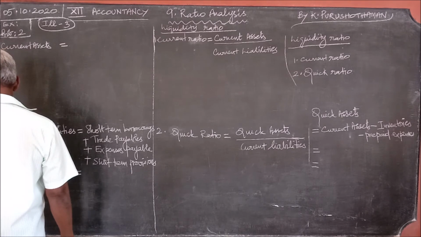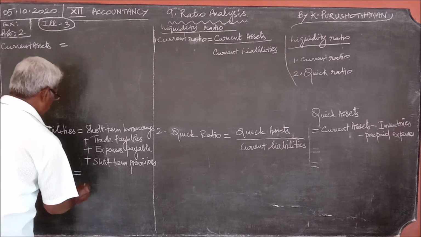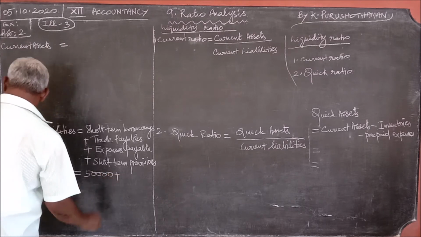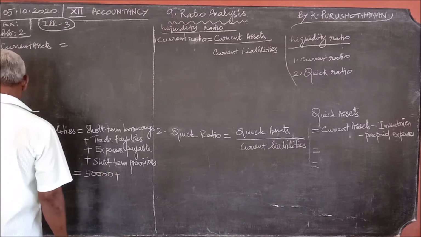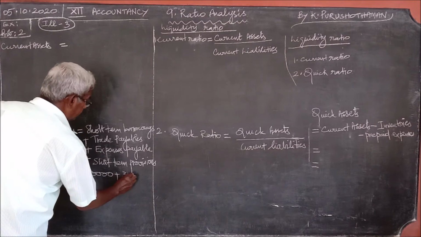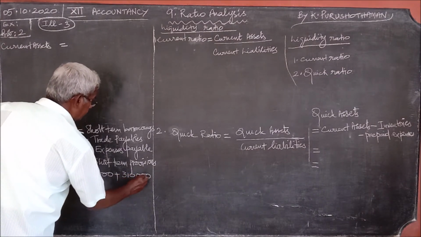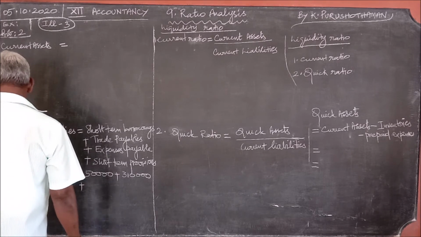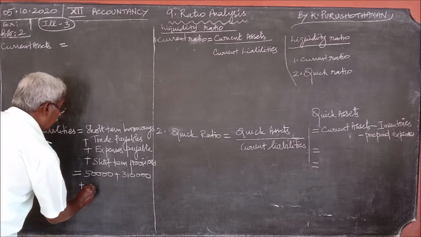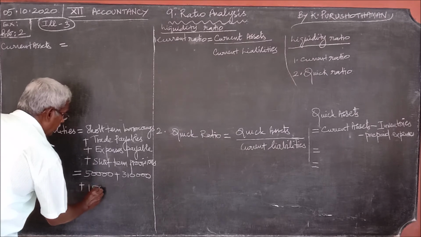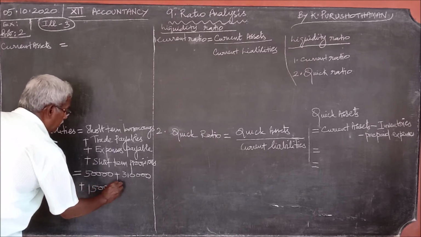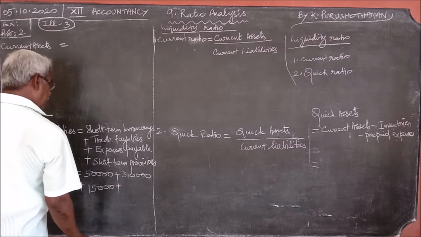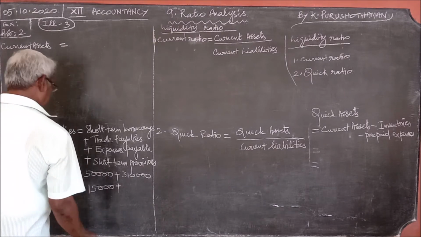And what are the amounts there? 50,000 plus 3,10,000 plus 15,000 expenses payable, plus short-term provisions 25,000.